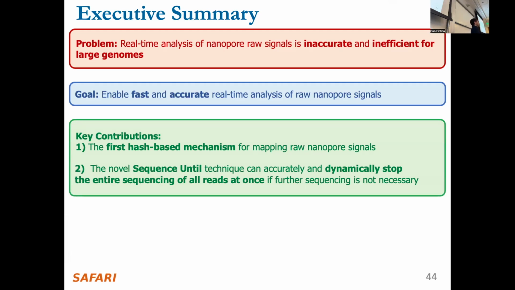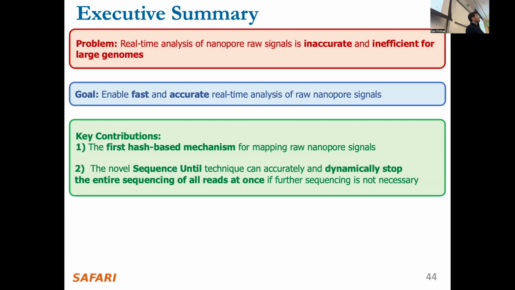RowHash provides the first hash-based search mechanism for mapping raw nanopore signals. And the second is a method that we call the sequence central technique, which can dynamically stop the entire sequencing run, not the sequencing of a single read but the entire run, if further sequencing is unnecessary for the type of analysis that you're using.